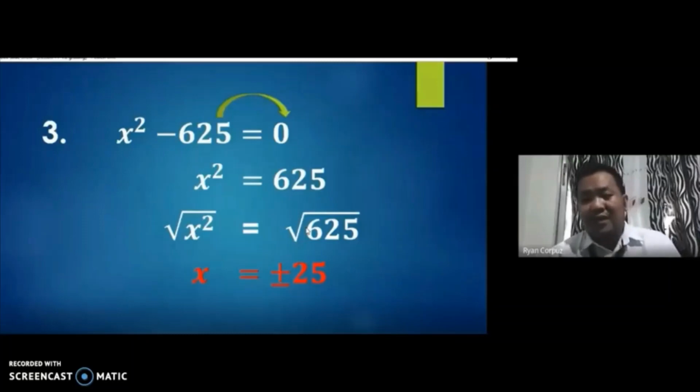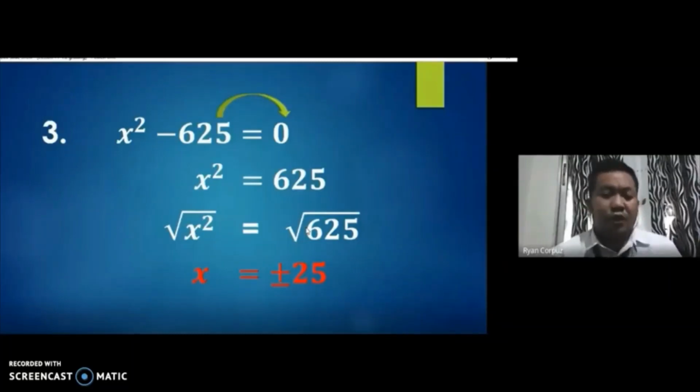But since it's a quadratic equation, we are also going to consider the negative root, which is negative 25. So that's why the solutions to x squared minus 625 is equal to 0 are x equal to positive and negative 25. So hopefully we understand now.